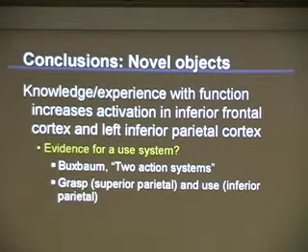I think this does support it, in that when objects are associated with a use, we see greater activation in this inferior parietal region. The other region we see is the ventral premotor cortex, which may fit into that model as well.